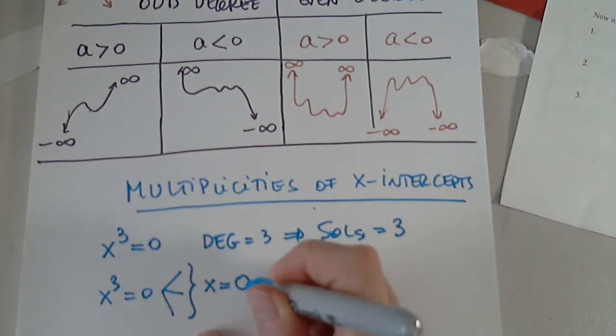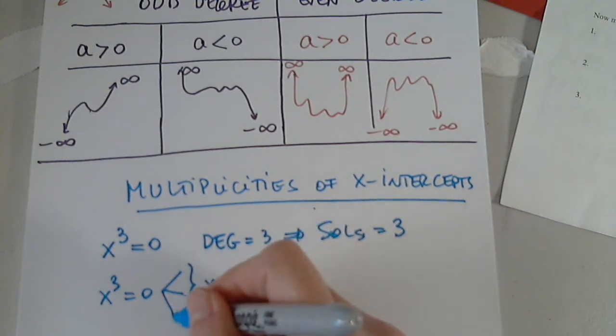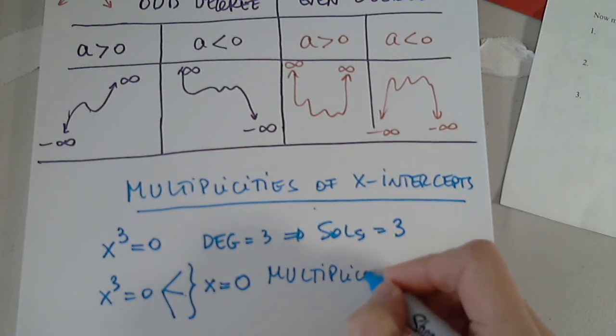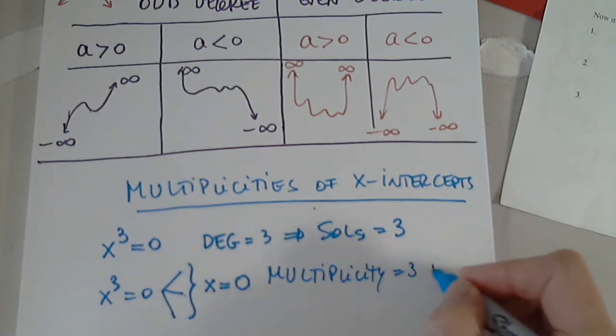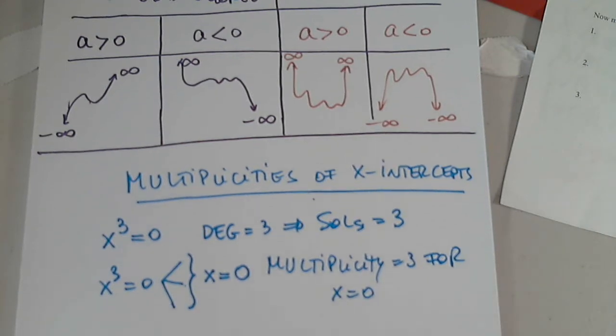Because 0 as a solution appears, it's identical, appears 1, 2, 3 times, we will say multiplicity 3 for x equals 0. And I'm sure you are asking yourselves, that's beautiful, but what does it mean? In a moment, I'll get to it.